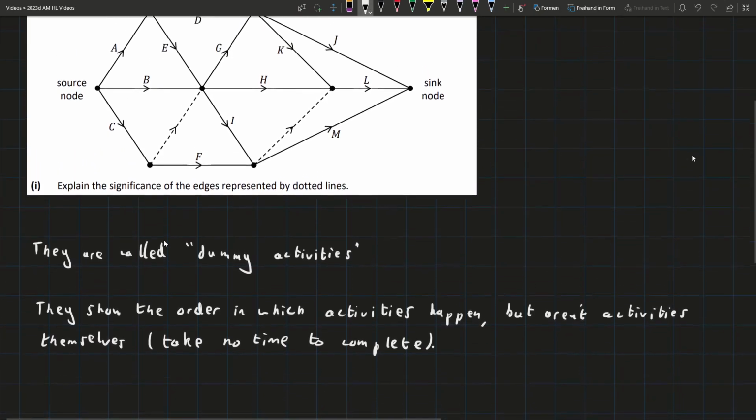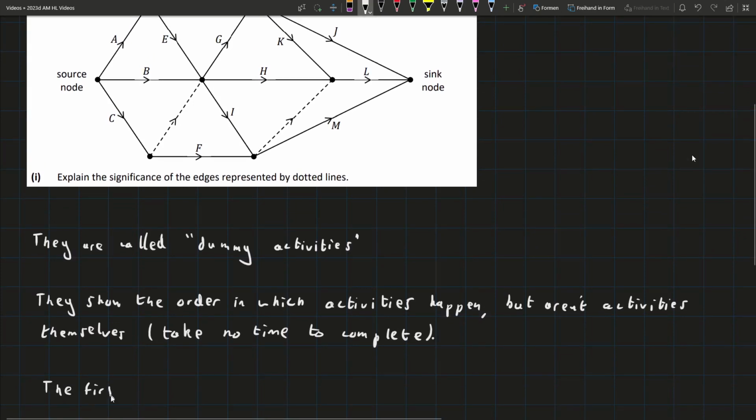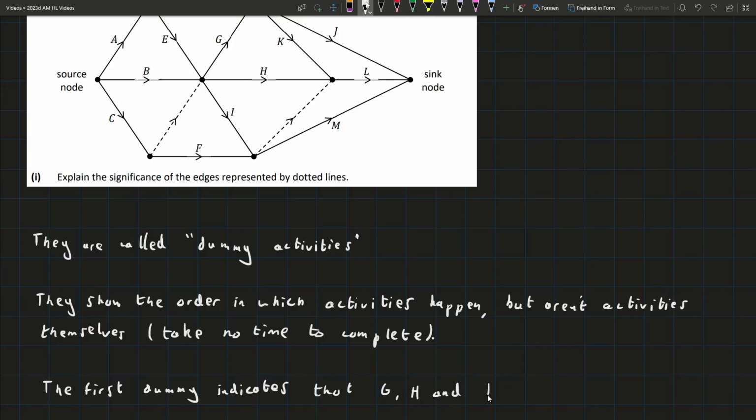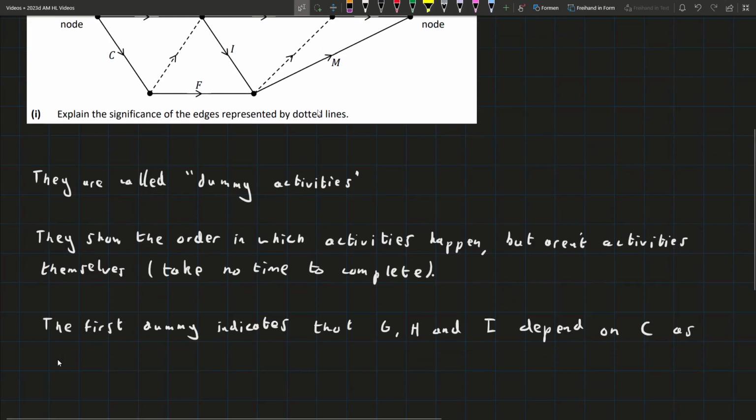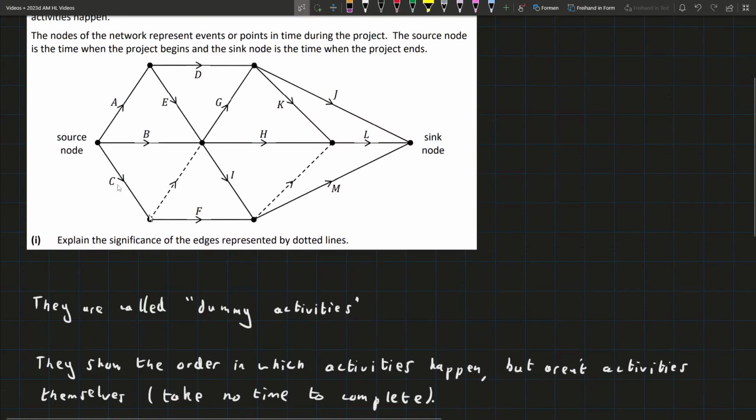So what you could say is the first dummy indicates, the first one, obviously referring to this one here, indicates that G, H, and I depend on C as well as B. Because this is basically saying that all the requirements for this node also apply for this node here. That's basically what it's saying.